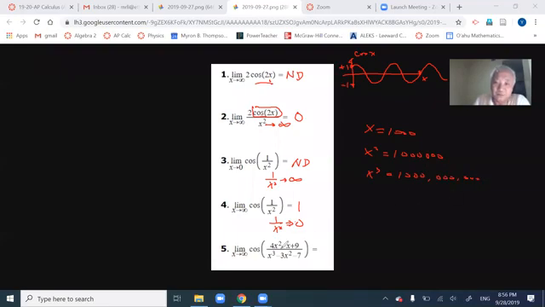So when x approaches infinity for the fraction here, the highest power dominates. So this one will equal the limit as x approaches infinity of 4x squared over x cubed. Get it? But of course, you have a cosine here, okay?